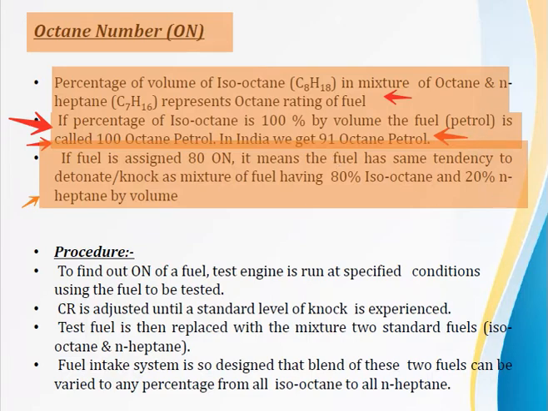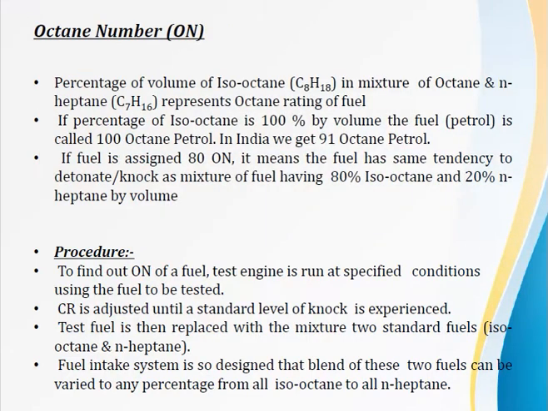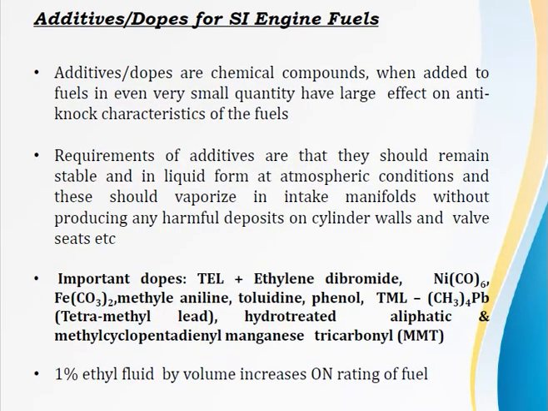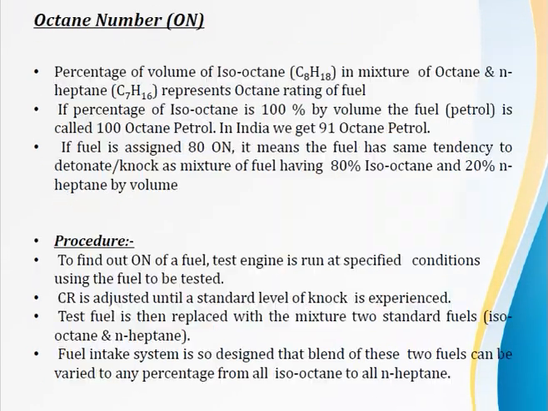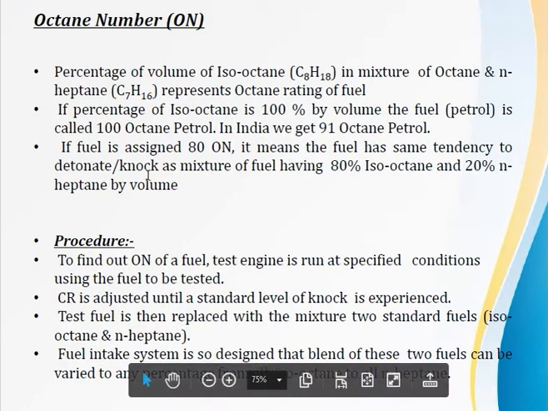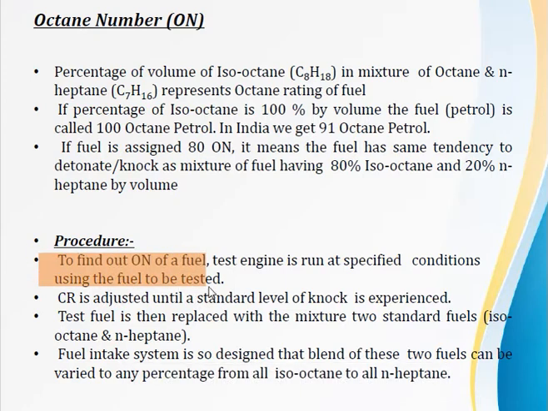Now let us go through the procedure of how the octane rating of a fuel is determined. To find the octane number, the test engine is run at specified conditions using the fuel to be tested.